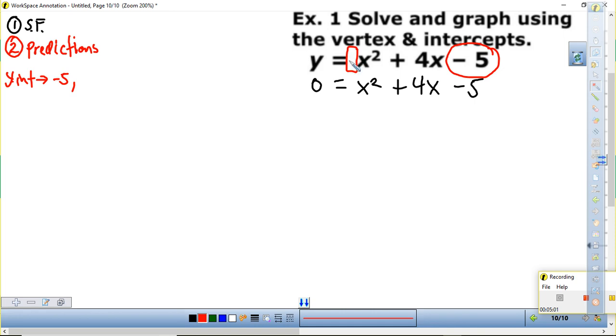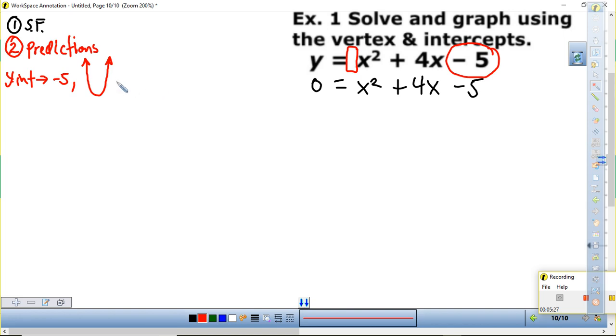Well, if it's a positive coefficient, that means the parabola is going to open up like this, or it's going to make a happy face because it's positive. So what do you think is going to happen when it's negative? It's a sad face because it's negative. So that's two things that I can predict from there.